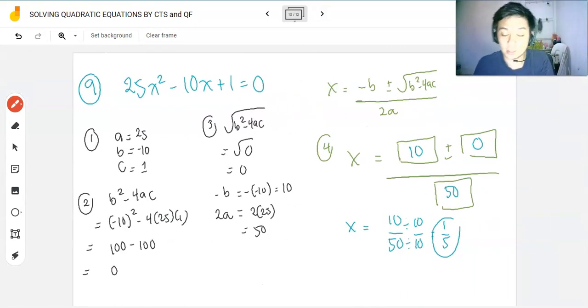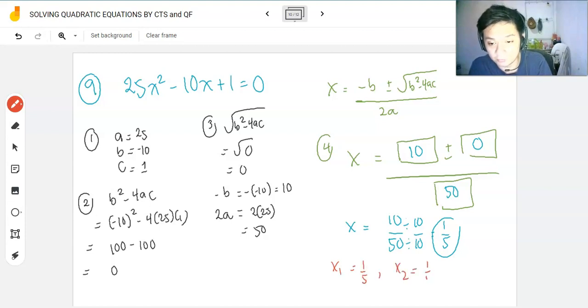O, tapos yung equation number 9. Okay. So, hindi ko lang naisulat kanina ha. So, we can actually denote the roots here as x sub 1 na equals to 1/5. Tapos, yung x sub 2 equal din sa 1/5. Bakit? Kasi nga, yung 10 plus 0 tsaka 10 minus 0 will both give 10. Tapos, over 50. Ibig sabihin, the two roots here are just equal to 10 over 50 when simplified ay 1/5 nga.